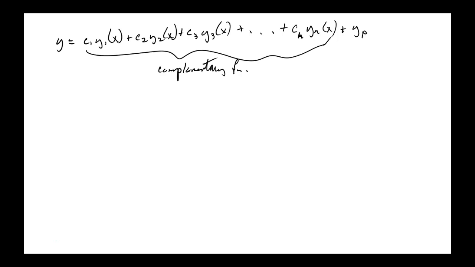Now it's called the complementary function for the non-homogeneous case, and we just generally will call that y sub c of x. It's that linear combination of all those individual functions. So your general solution for your non-homogeneous case will be the complementary solution plus the particular solution.